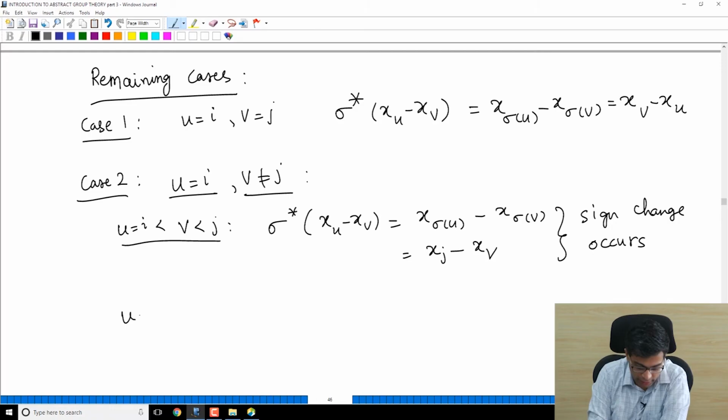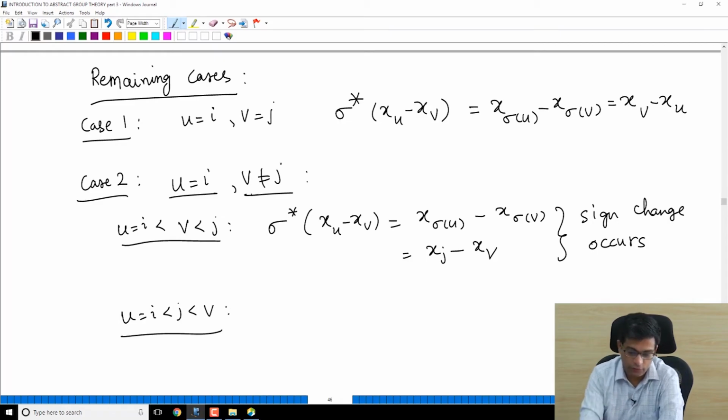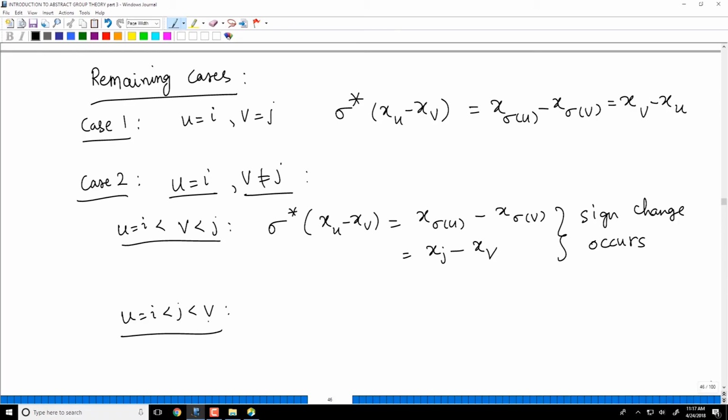On the other hand, I am still assuming u is equal to i, but let's say j is strictly less than v. v is different from j, so j is either strictly more than v or j is less than v. In this case, what happens? So sigma star of x_u minus x_v is x_j, x_u will go to x of sigma u, which is j, and v is fixed, so this is x_j minus x_v.